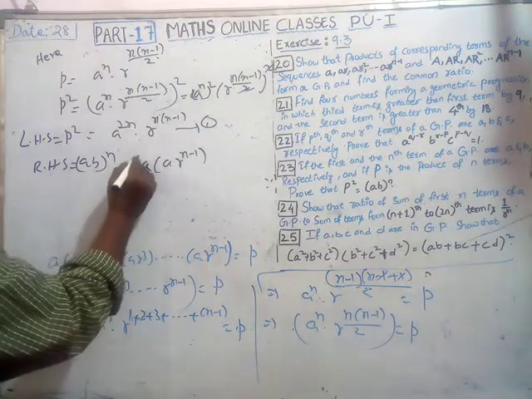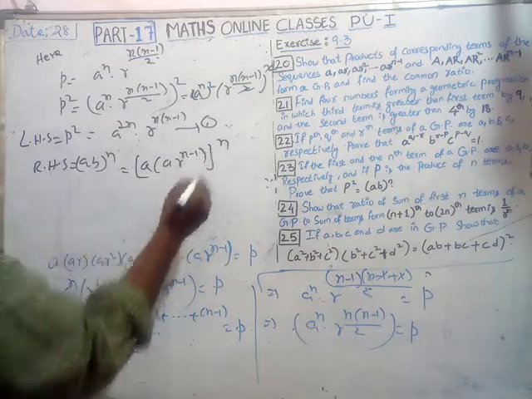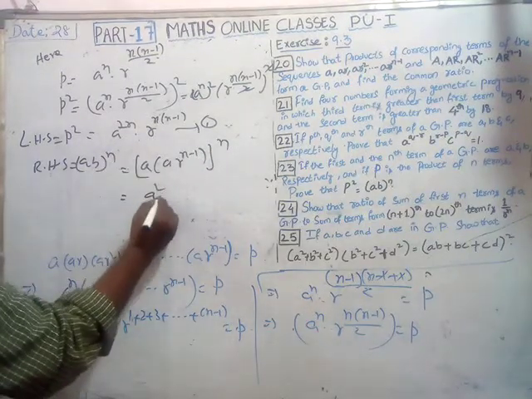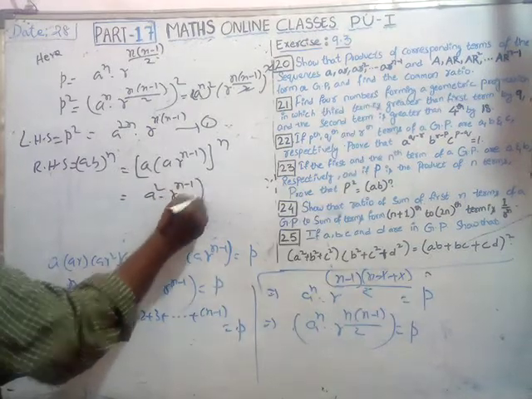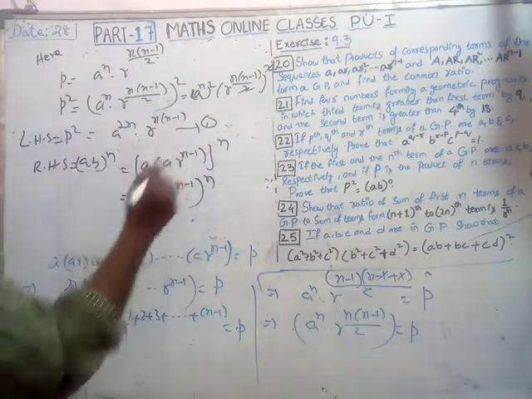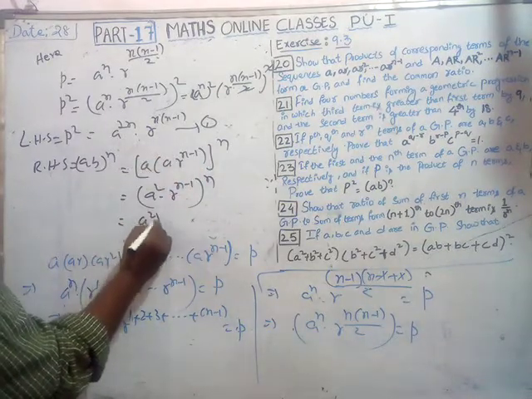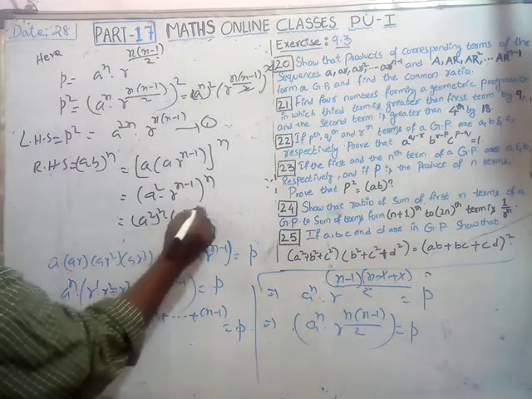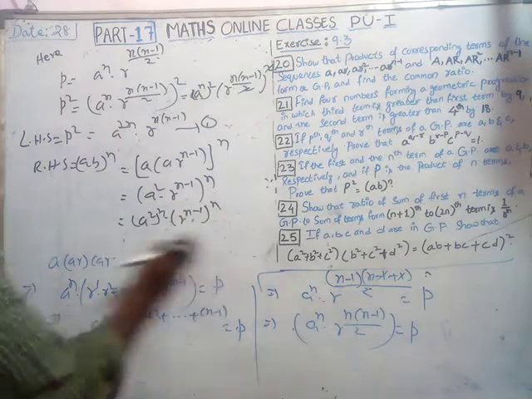That is B, and whole power n is there. You see, A into A, that is A square, and R power n minus 1, whole power n. It is A square power n and R power n minus 1 whole power n.